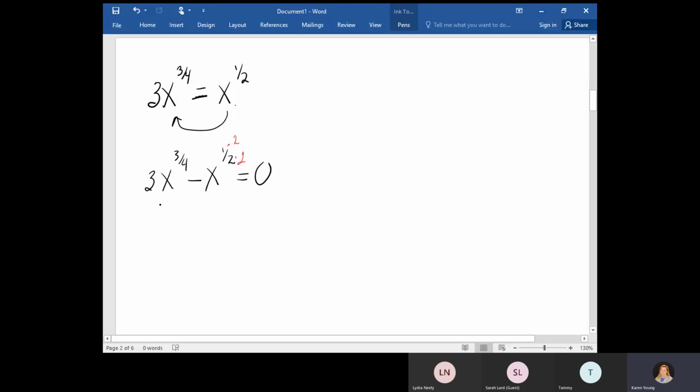Black pen, here we go. So I'm going to have 3x to the 3/4 minus x to the 2/4 equals 0. Now I can take an x out of both of these, and I can take an x to the 2/4.